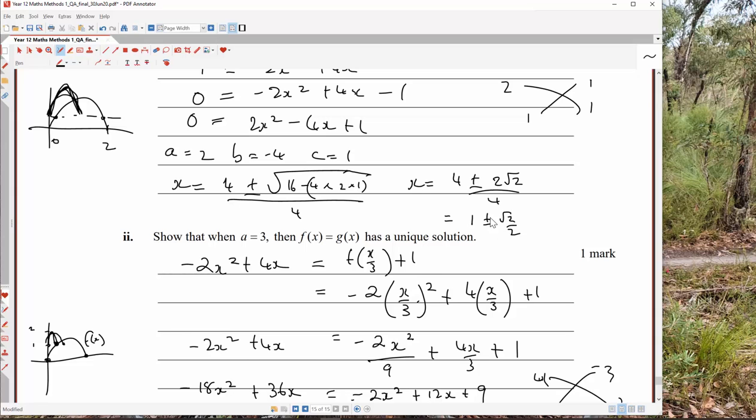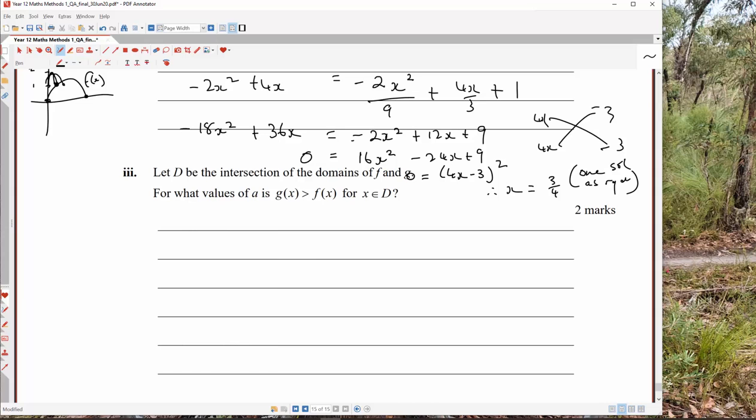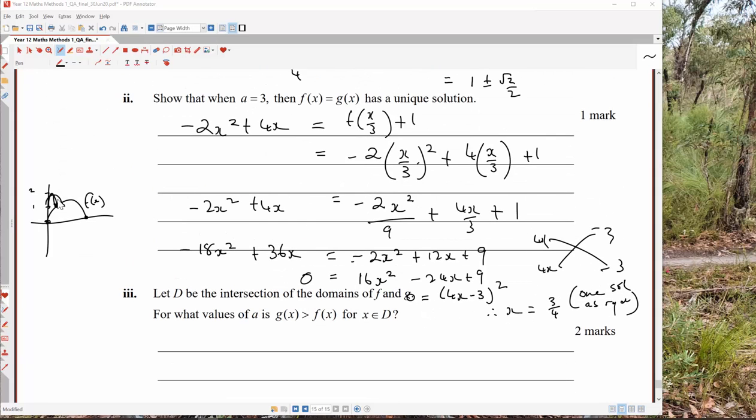So what we know is that our transformed function has x an element from 0 to 2a, right? So that's what we know.